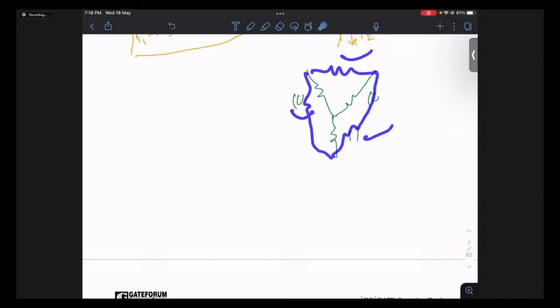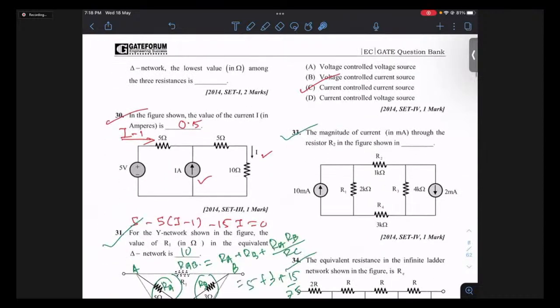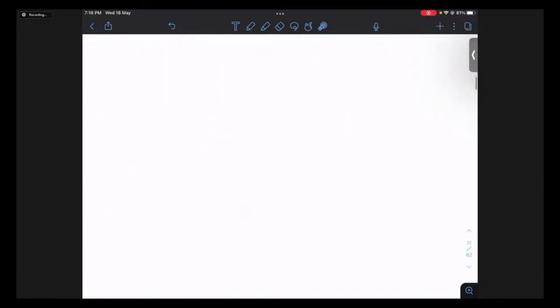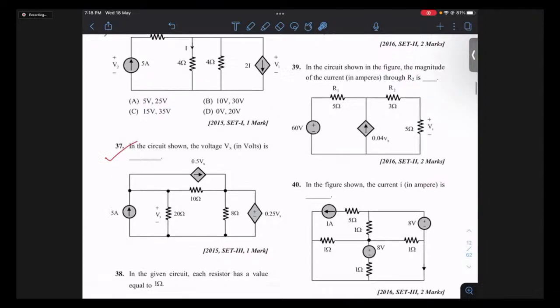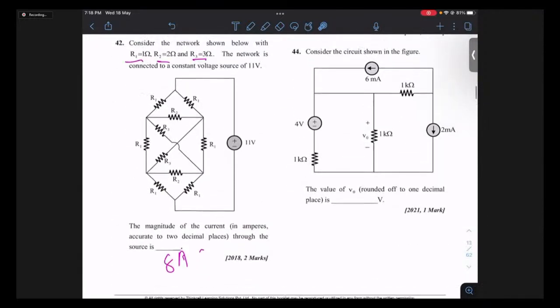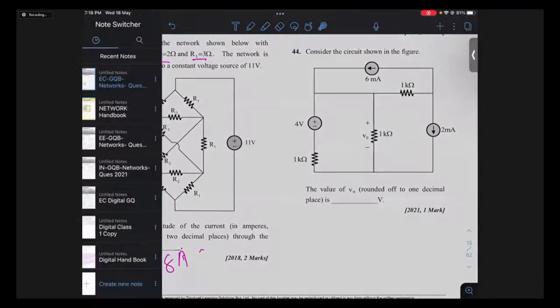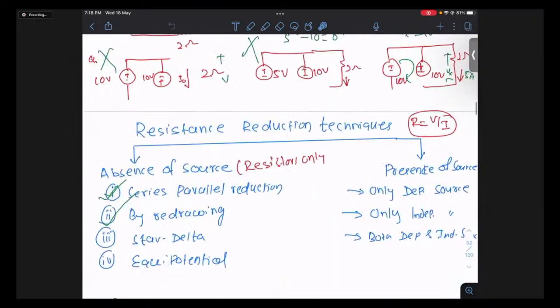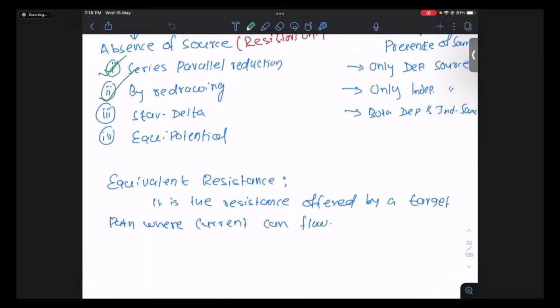Among these, which is the minimum one? Directly you can make use of the formula and get the answer. Like this, there are countless questions based on all these concepts. So this is what we mean by the star-delta and equipotential concepts.